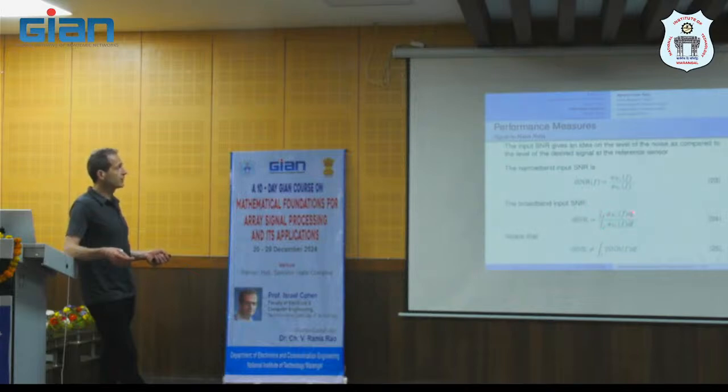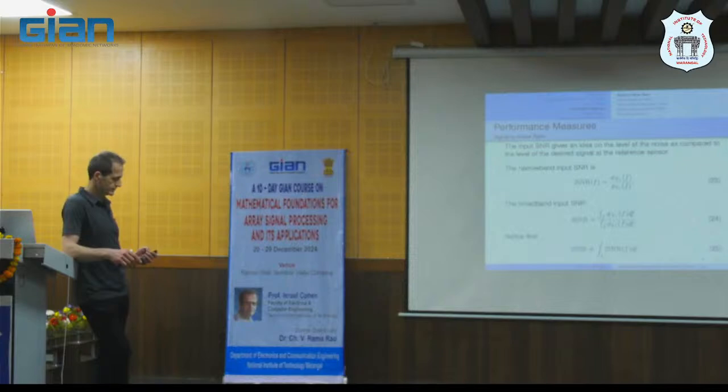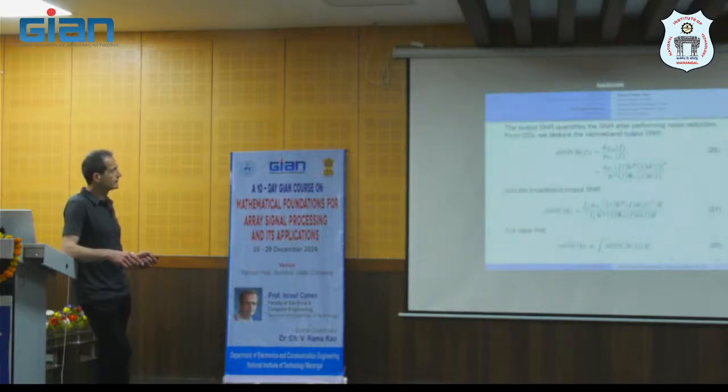This is the total power of the desired signal over all frequencies, and this is the total power of the noise, the variance of the noise over all frequencies. So this is the broadband input SNR. And you see that the input SNR is not an integral of the narrowband input SNR, of course. We have also the output SNR.